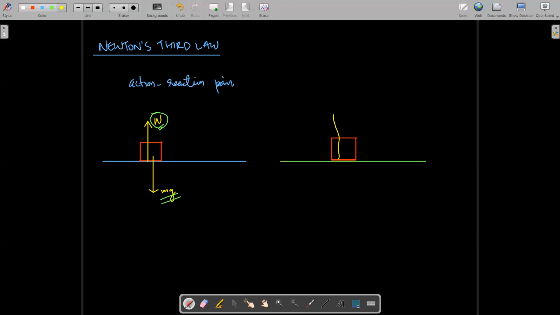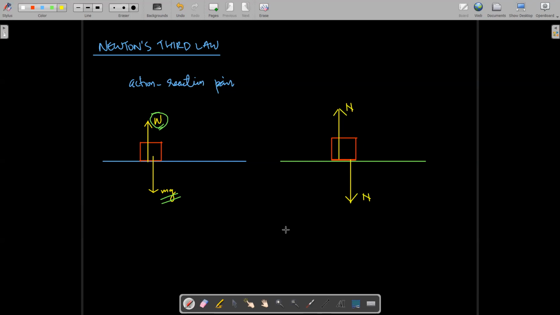We know that there will be a normal reaction acted upon the body by the surface, right? Say it has a value N. And then there will definitely be another normal reaction which is acted upon the surface by the block.